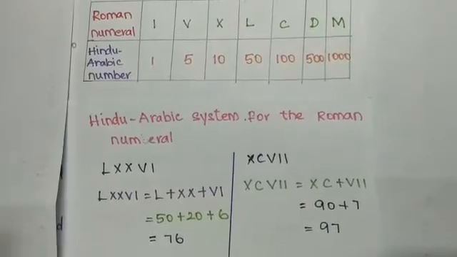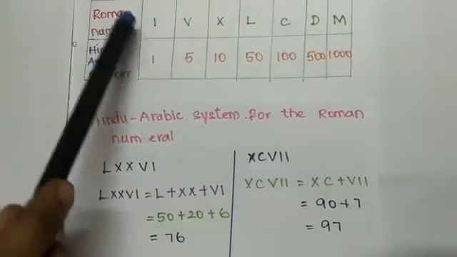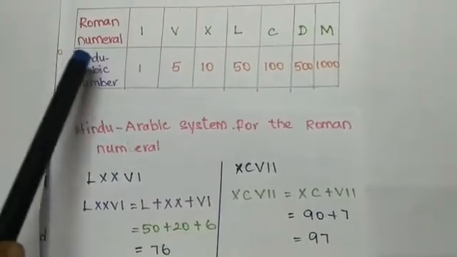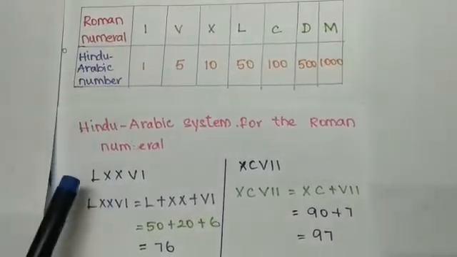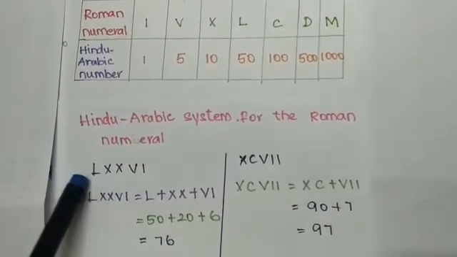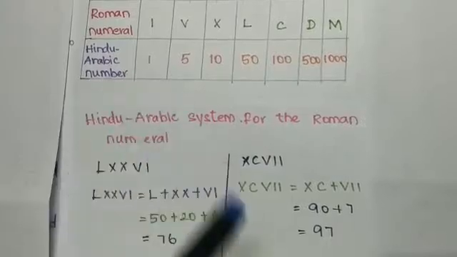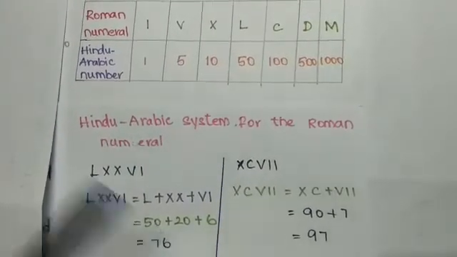Now this is another example. First we saw writing Roman numerals. Now this is the Hindu-Arabic number: if they give a Roman numeral, we have to bring it to the new number.